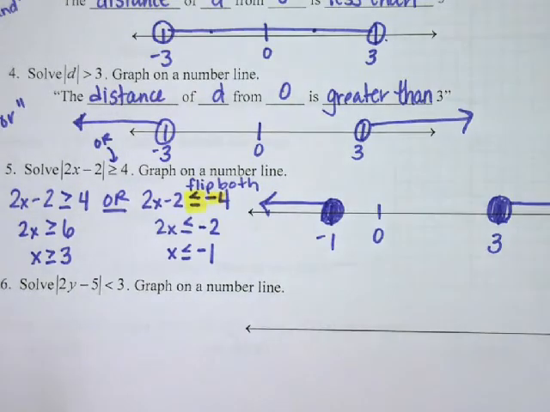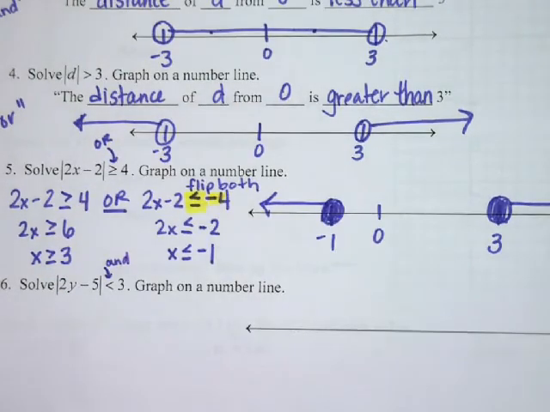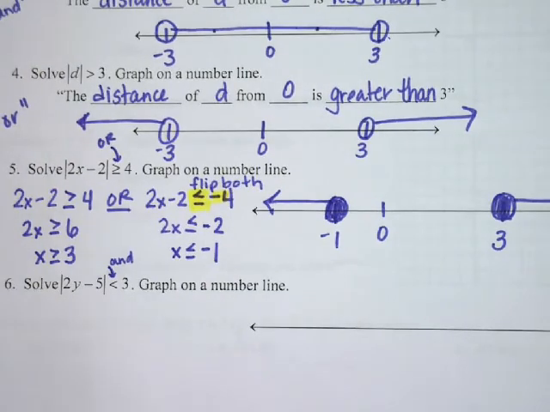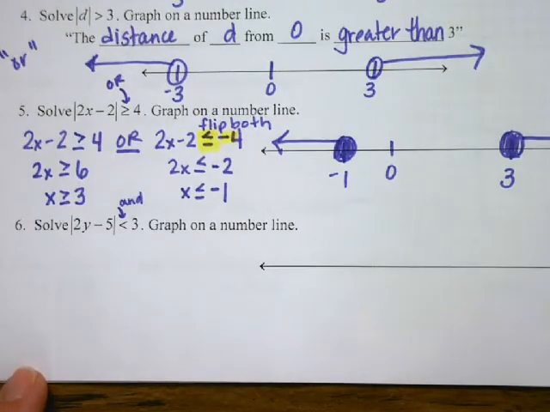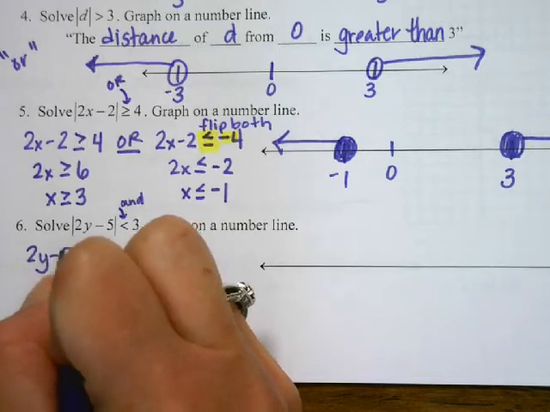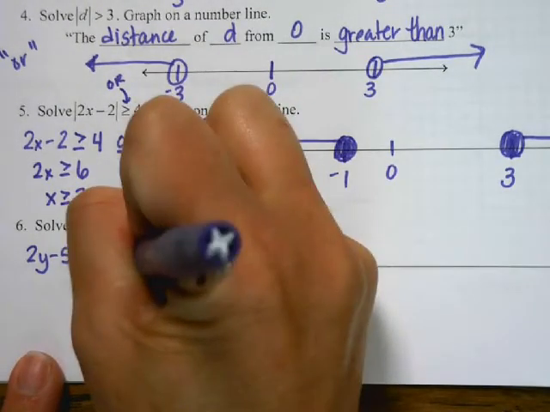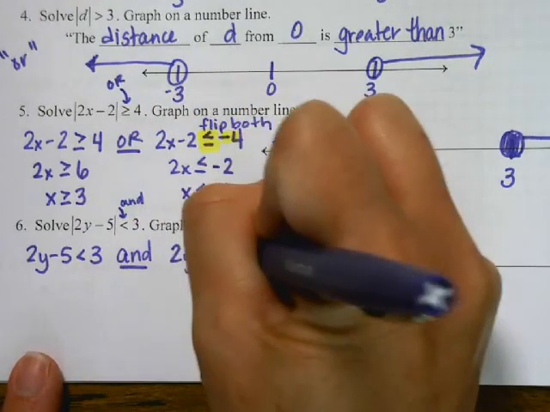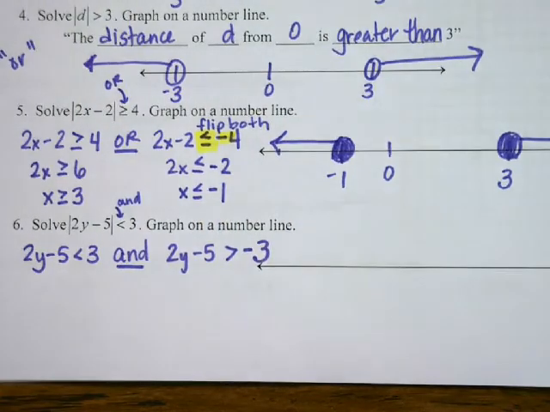So this guy's going to be an and. We do also have to flip this one. So 2y minus 5 less than 3 and 2y minus 5 greater than negative 3. You have to flip both again.